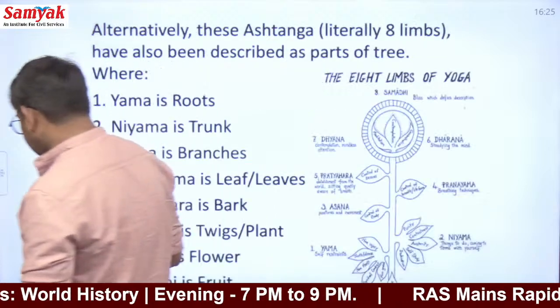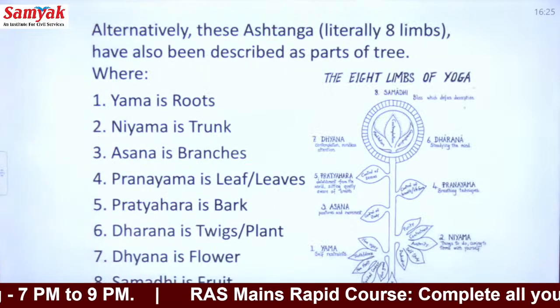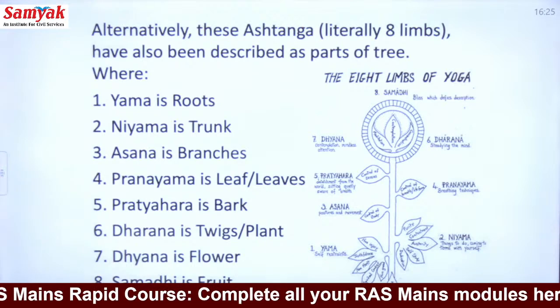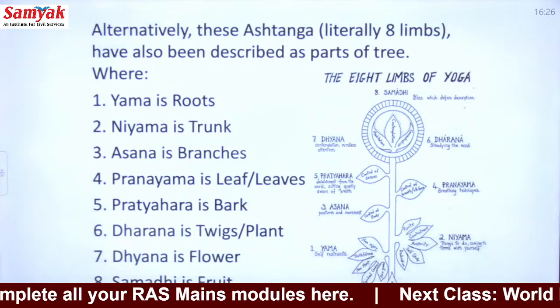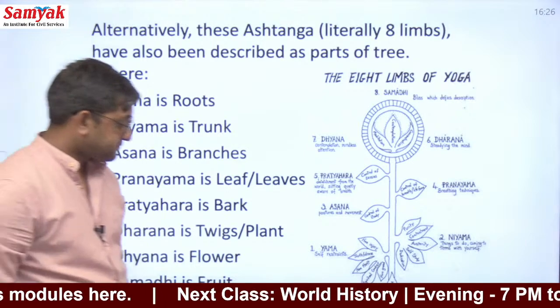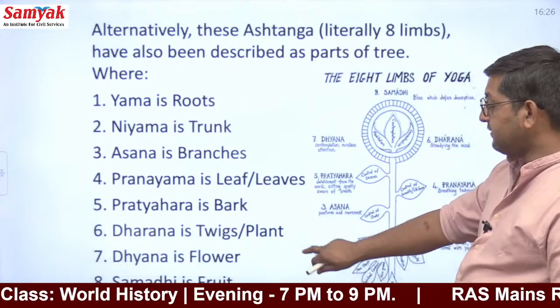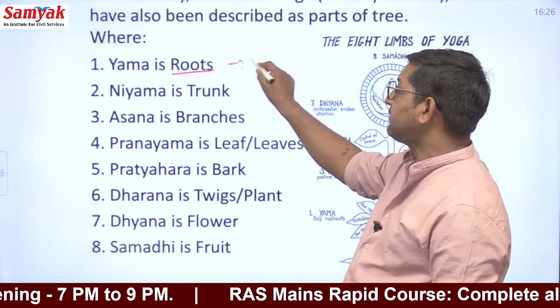So these are the 8 elements of Ashtanga Yoga. Ashtanga Yoga is also represented in the form of a tree, and these 8 elements are considered various parts of the tree. For example, Yama is the root, because Yama is the thing which decides our behavior.